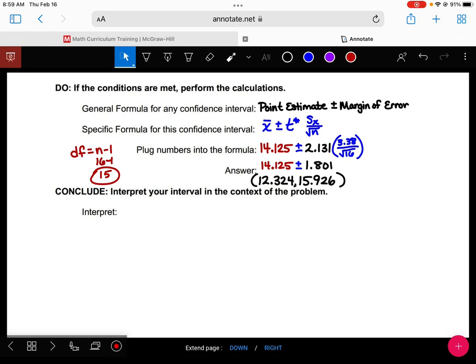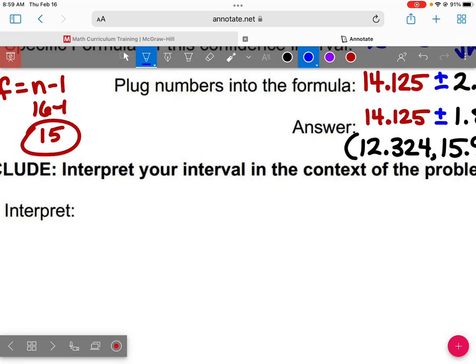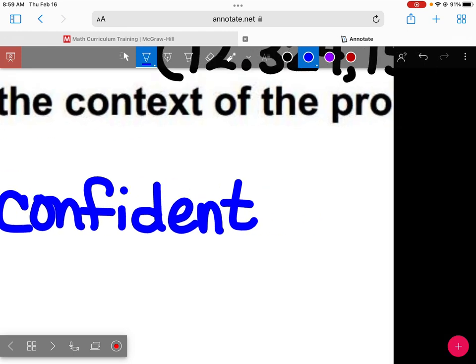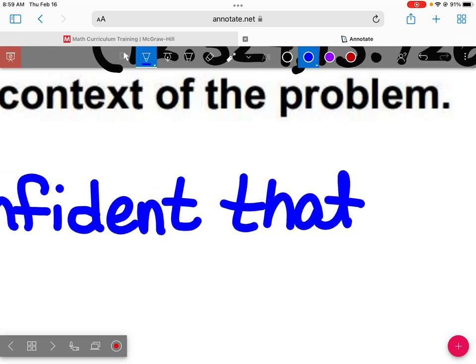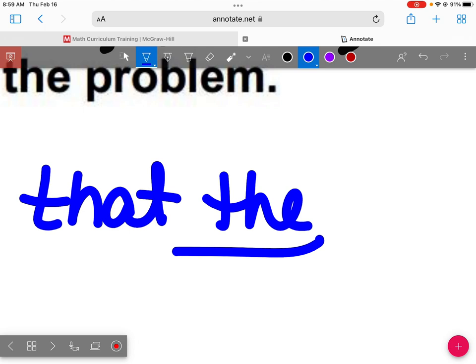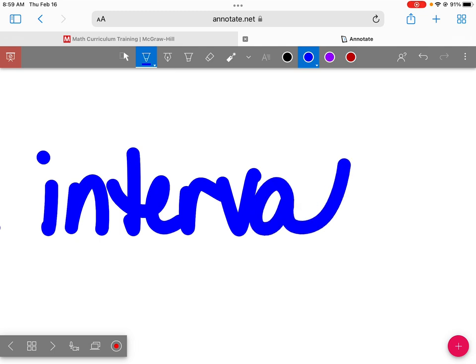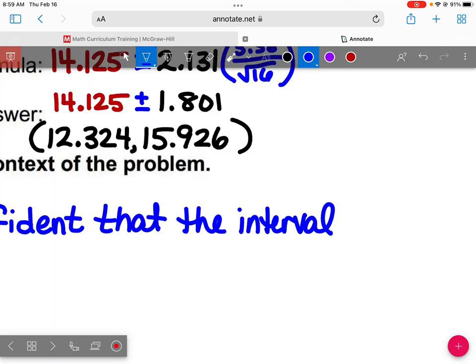How would we interpret this interval in the context of our problem? We are 95% confident that the interval from 12.324 to 15.926 captures the cumulative number of states that an AP Stats student can name.